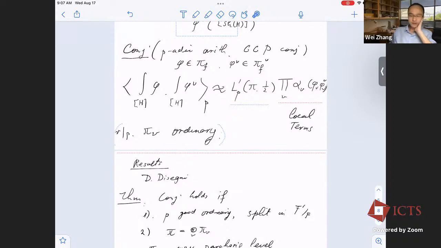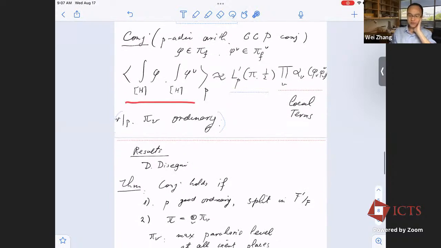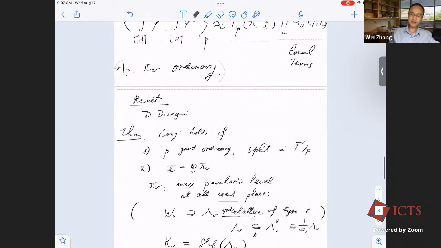But on the other hand, the identity we prove tells you that if the p-adic height doesn't vanish, then the derivative of the p-adic function doesn't vanish. In particular, the p-adic function is non-vanishing. But other than that, I cannot predict anything.